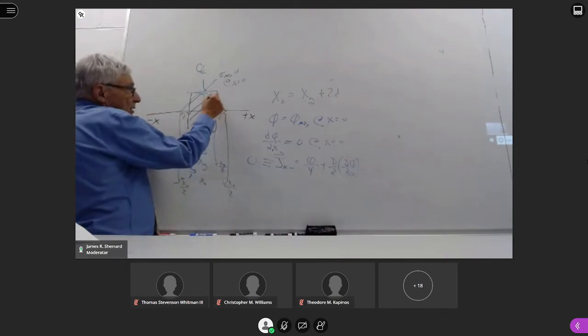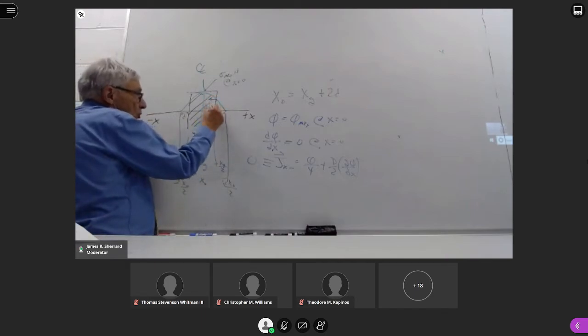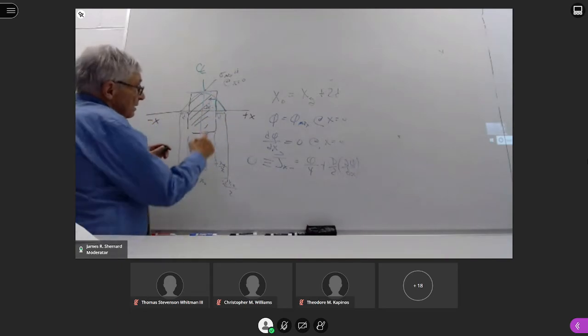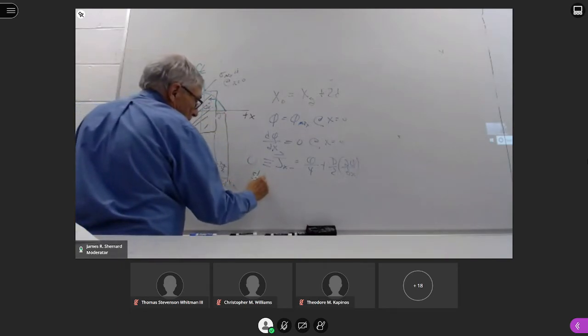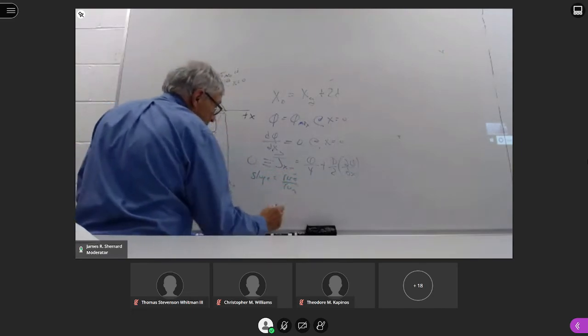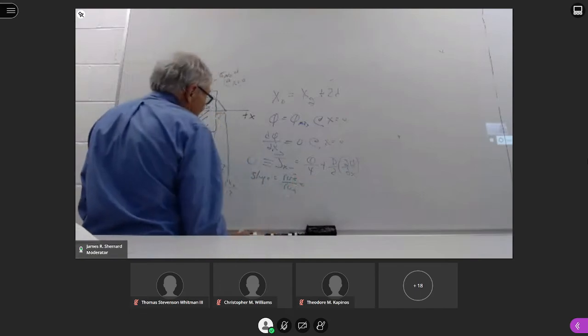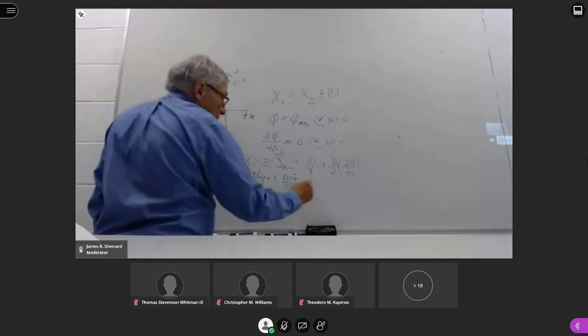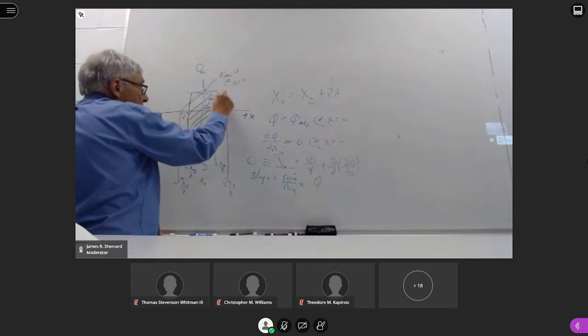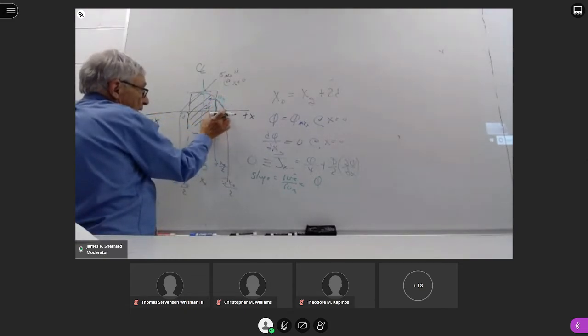If we make this to be a triangle, this slope is rise over run. The rise is the flux that exists at the boundary, and it goes to 0.